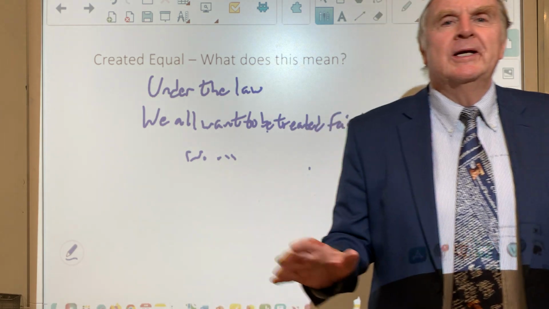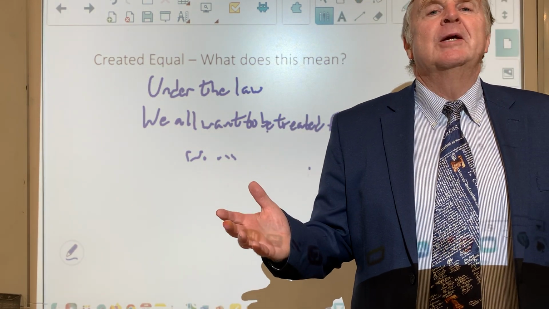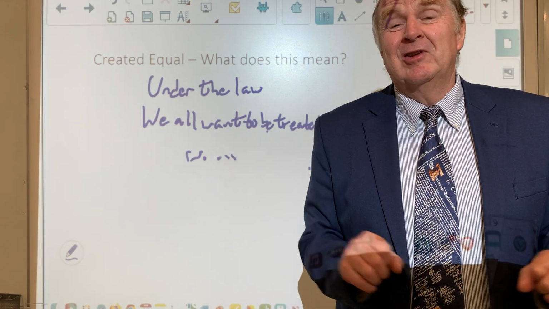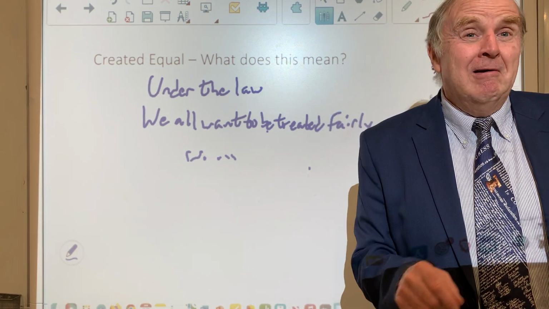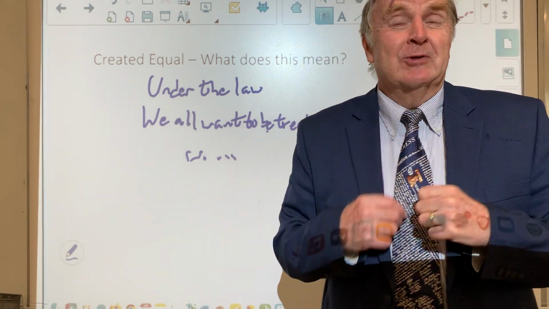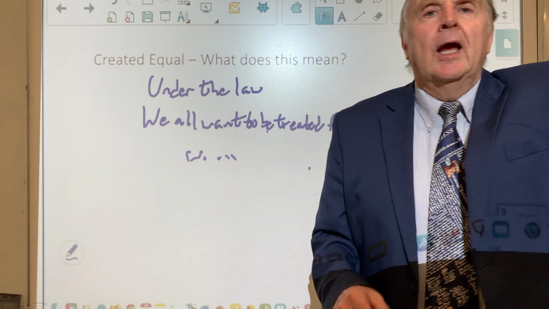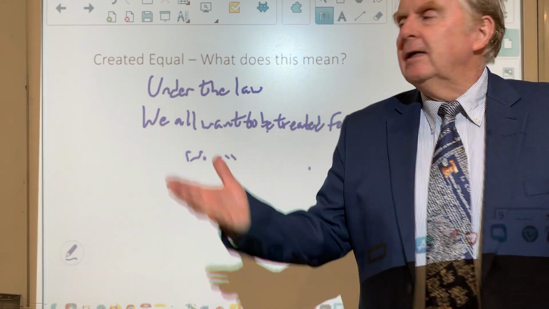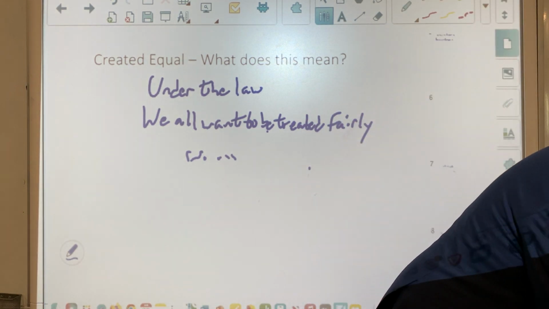I had a couple of siblings going on a family trip. Nobody wanted to sit in the middle. Everybody wanted to sit on the window side. So we had to take turns. And sometimes you say, oh, well, she got to sit by the window 5 times. I only got to sit by the window 3 times. Hey, she got 3 cookies. I only got 1 cookie. It's not fair. We understand that.